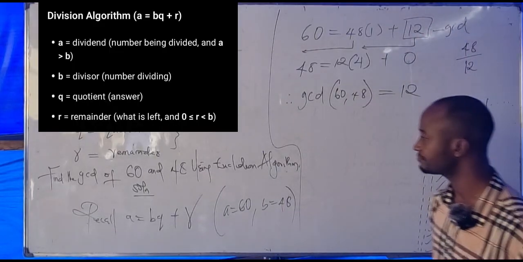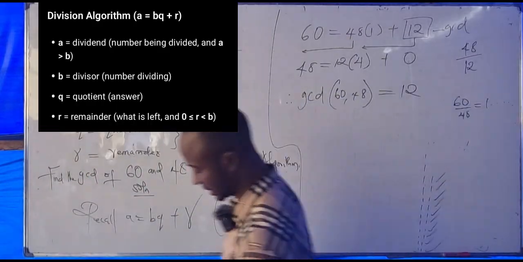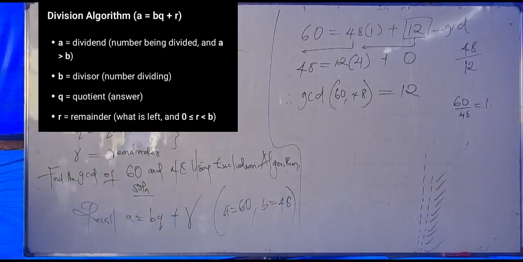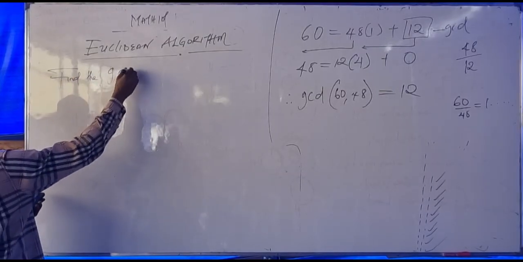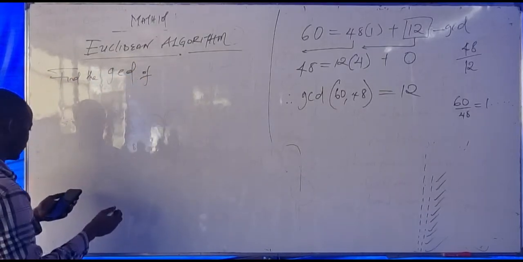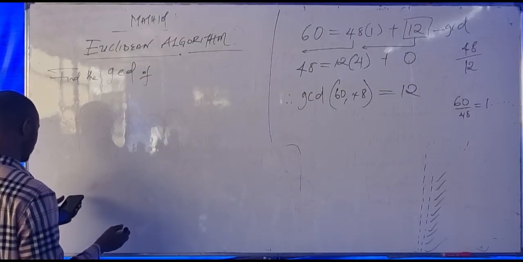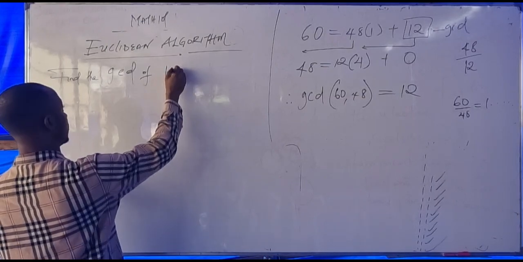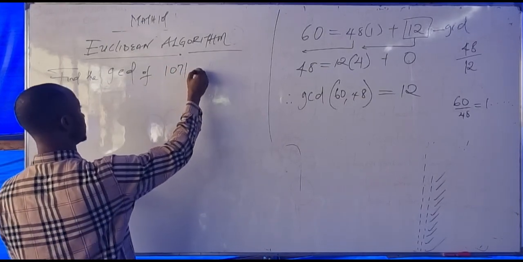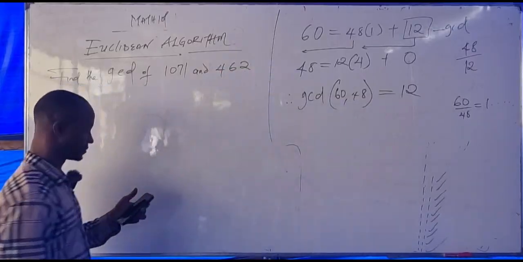Right there? Let's see a more complex example. Find the GCD of 1071 and 462.